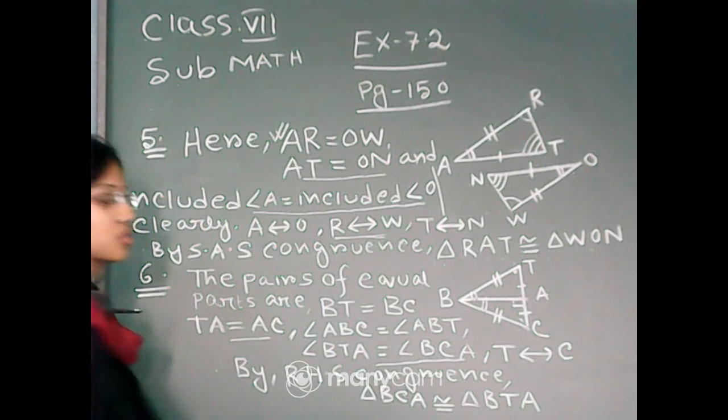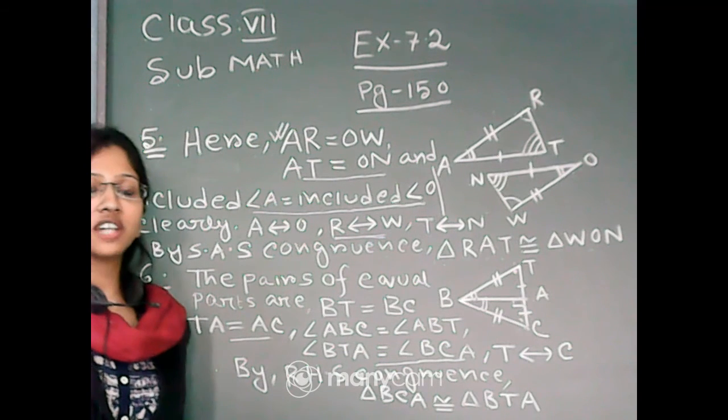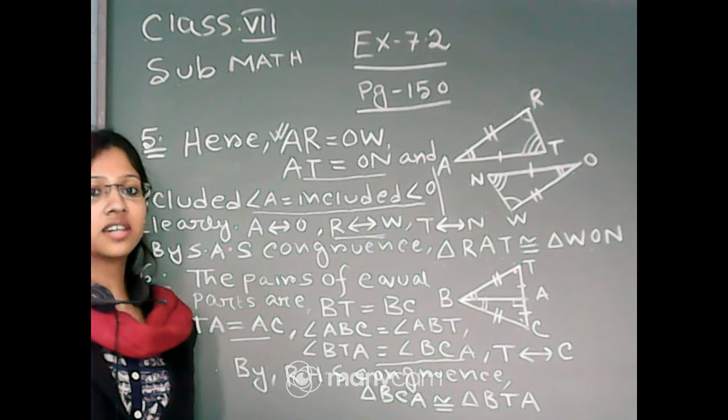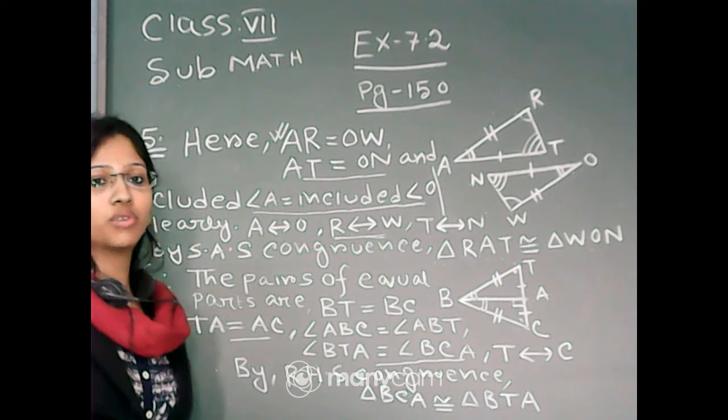Therefore, we see that the hypotenuse and one side of a right angle triangle are respectively equal to the hypotenuse and one side of another right angle triangle. Then the triangles are congruent, and this is the RHS congruence criterion.